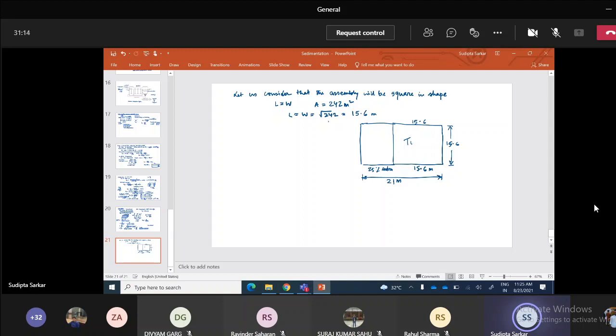A module, as you can imagine, let me draw this. Each tube module will look like this, 50 mm. Each of these modules will be right here, one after another in plan view.